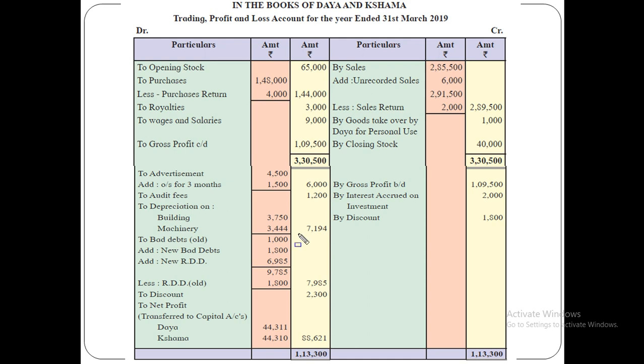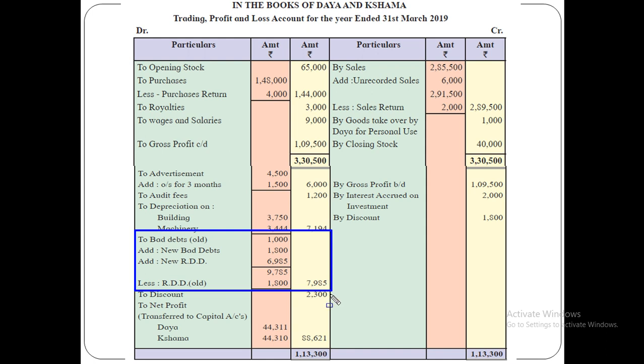In this whole adjustment, first of all we write old bad debts, add new bad debts to that, then add new RDD to that amount, and deduct old RDD which is given in the trial balance.